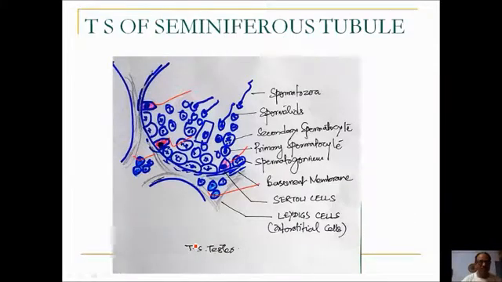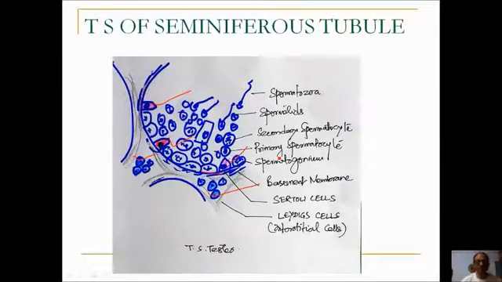So this is the final structure of the testis. Again, this is the lining basement membrane. Then we have the spermatogonium, which is the primary base line. The primary spermatogonium divides to form primary spermatocytes, secondary spermatocytes, spermatids and spermatozoa.